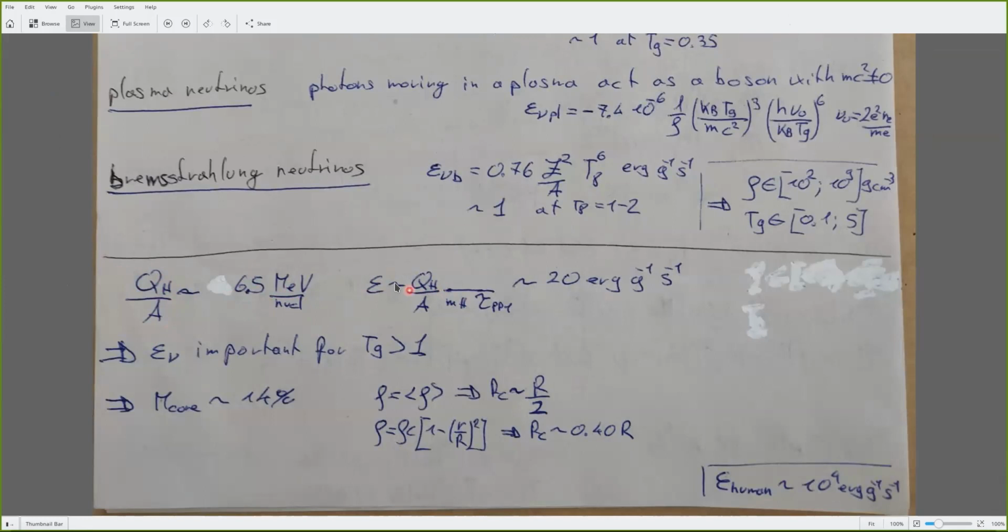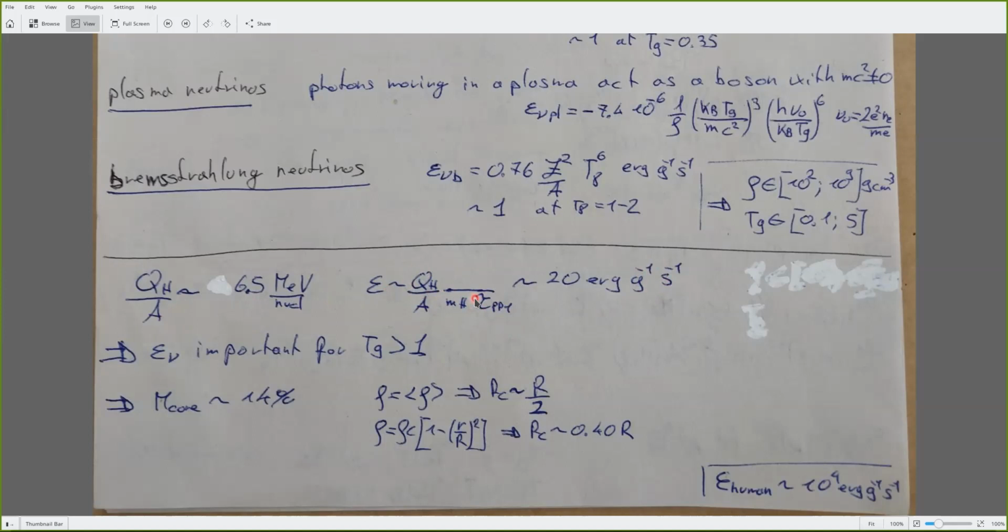The total production is the Q divided by the mass, because you want it per mass, so you just have to divide by the atomic mass unit, which is essentially the mass of hydrogen. Well, not exactly, but so we have the production per gram.